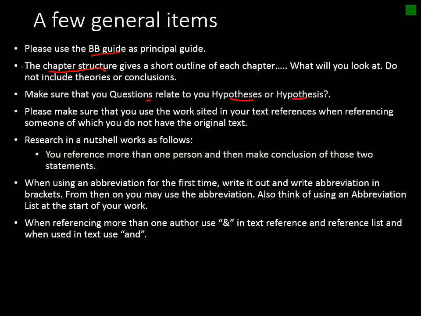Okay, please make sure that you use the word cited. Sorry, this is the spelling mistake that I had. This is supposed to be a C. That is a C, if you were wondering.